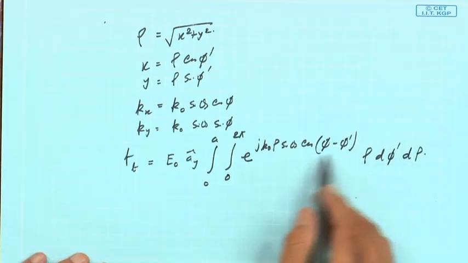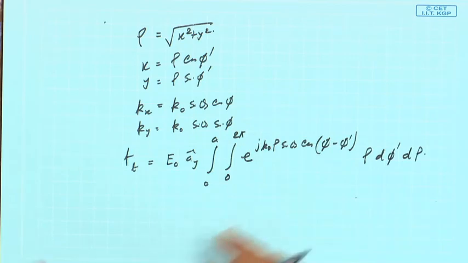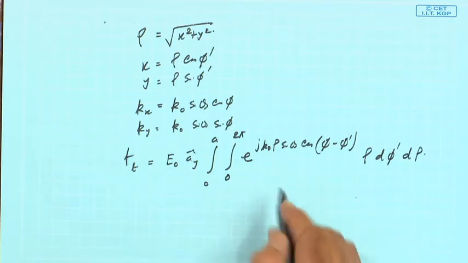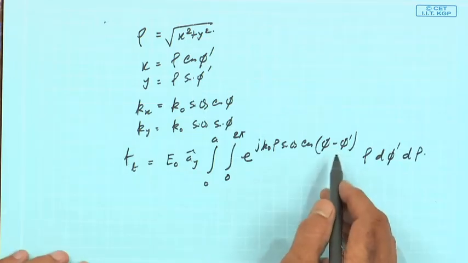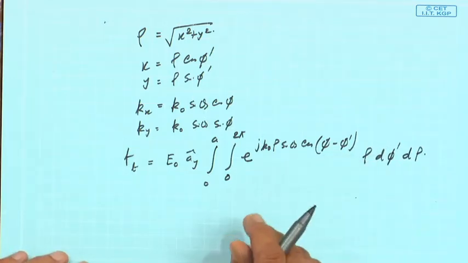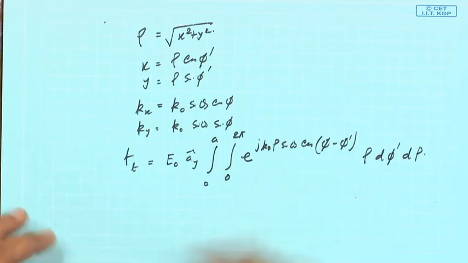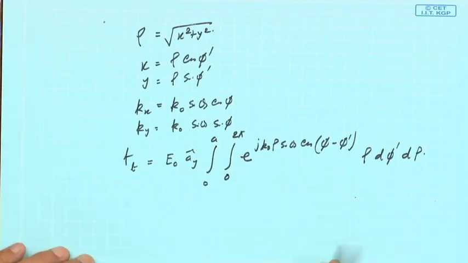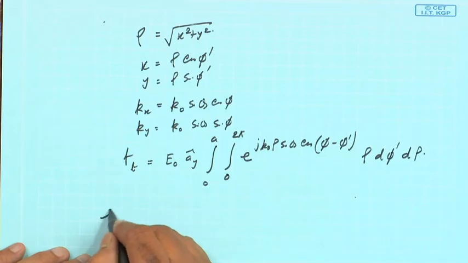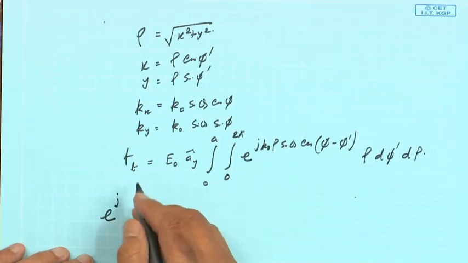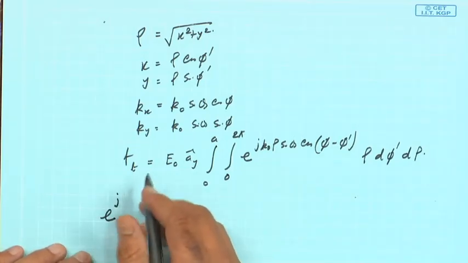Now, this thing, e to the power j something cos, has a series expansion. Anyone knows that series expansion is in terms of Bessel functions.